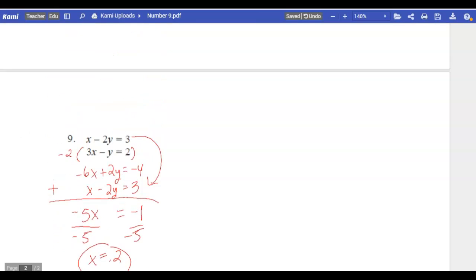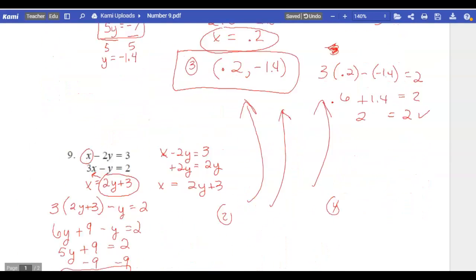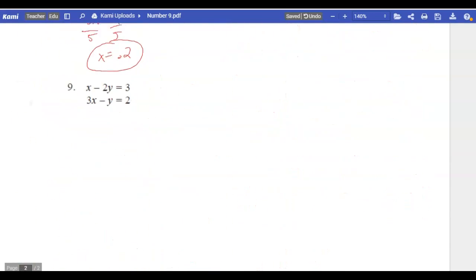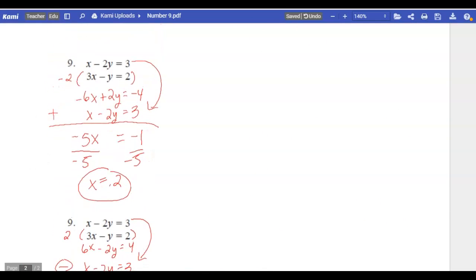So I just did this problem 5 different ways for you. I only finished it the first time, but you need to realize that all of these finishes would be the same. Of course, down here, now that I would have the 0.2, I would plug that back in. So I would have 0.2 minus 2y equals 3. So I would subtract the 0.2, negative 2y equals 2.8.